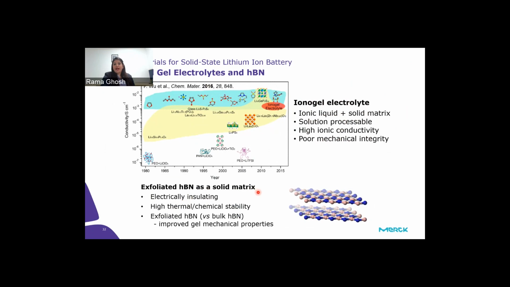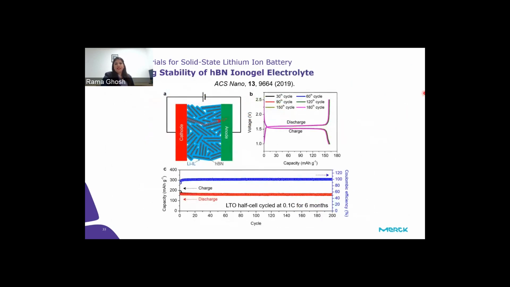So finally we proved that this electrolyte has good performance as compared to Celgard. We conducted an experiment with a standard Celgard and also this hBN ionogel electrolyte, and we found that it not only operates at high operating voltage but also stands good in comparison to Celgard.